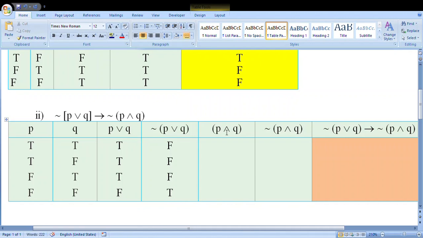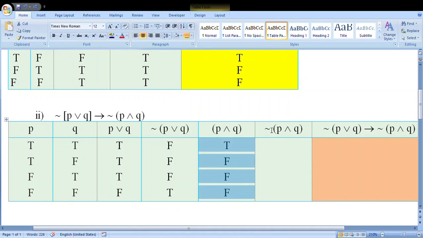Now, the rule of AND. The rule of AND states that if there is a single F, write F. So here no F, so T. Single F is there, so F. F is there, so answer is F. Both are F, therefore answer is F. Negation of P and Q. Negation of this column.